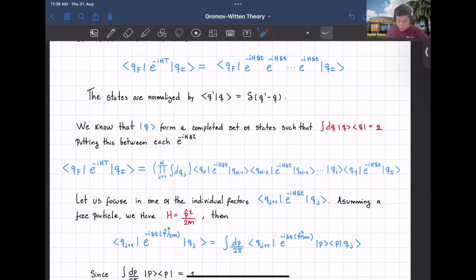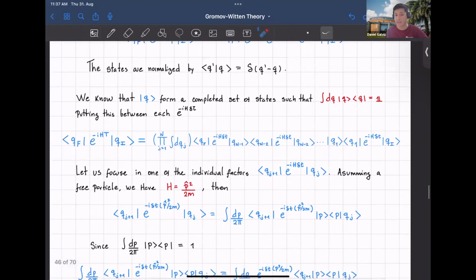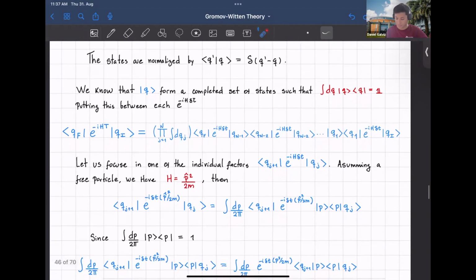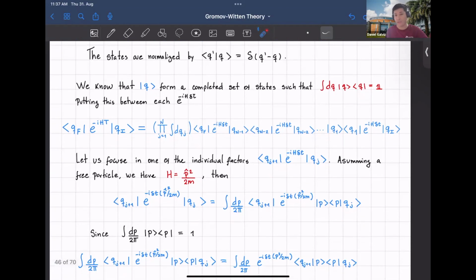Let us focus on one of these. Because we want to describe the easiest case, we will assume just a free particle, no interactions, just a particle moving from one point to another, without potential, without any field that can change the movement.